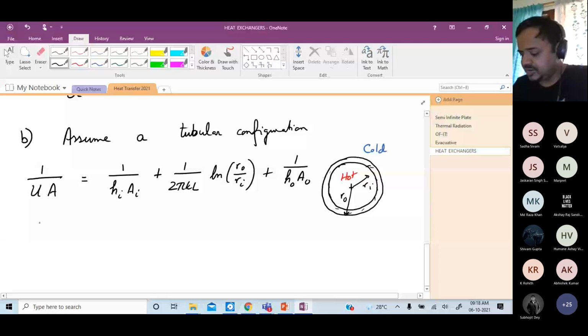Which means both can be used, but it must be clearly spelled out. That's wrong English, but you understand what I'm trying to say. So U_i A_i or U_o A_o.